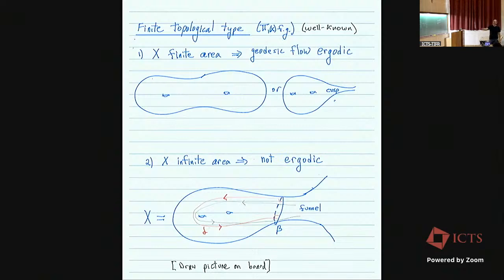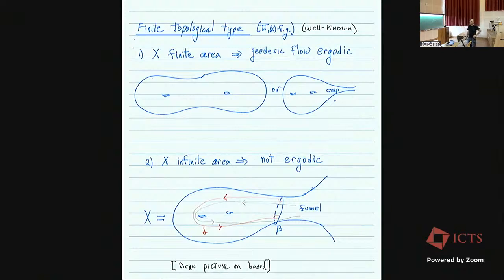Okay, so what happens again for finite type versus infinite topological type? If X is finite type, then it's pretty simple what's happening. If X has finite area, meaning the hyperbolic surface either looks like this or has cusps but no funnels, then the geodesic flow is ergodic.